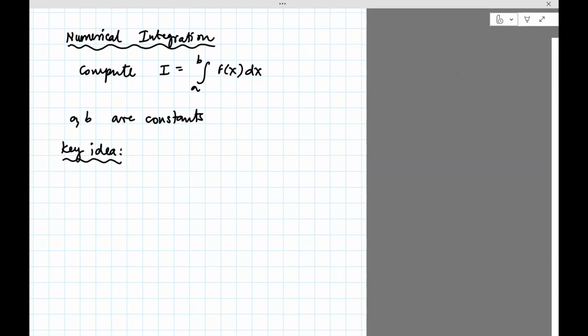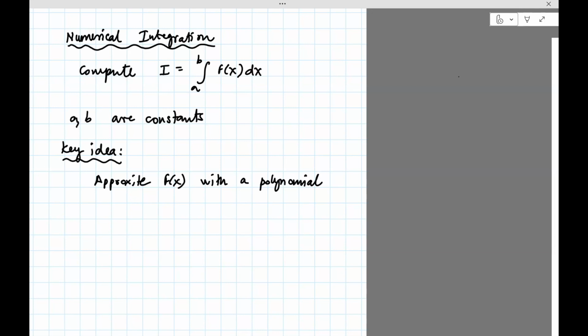The key idea here is to approximate f of x with a polynomial. Okay, so what if f of x was a polynomial? Something like ax squared plus bx plus c.